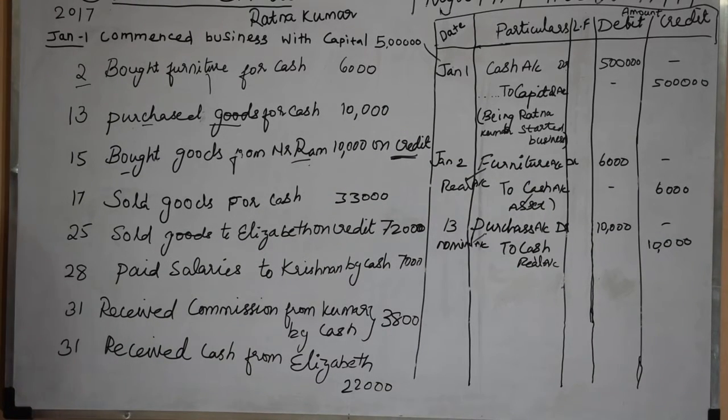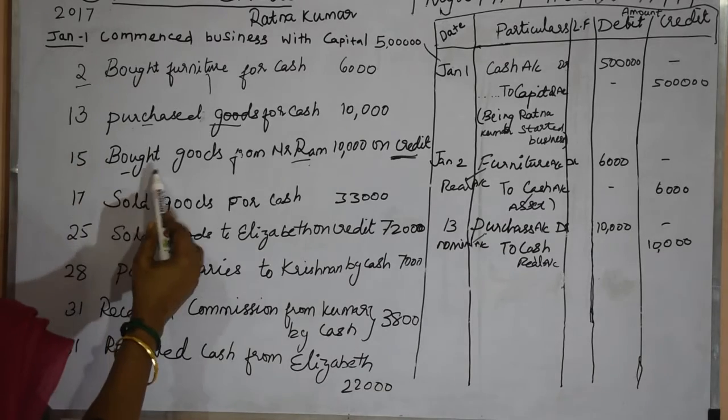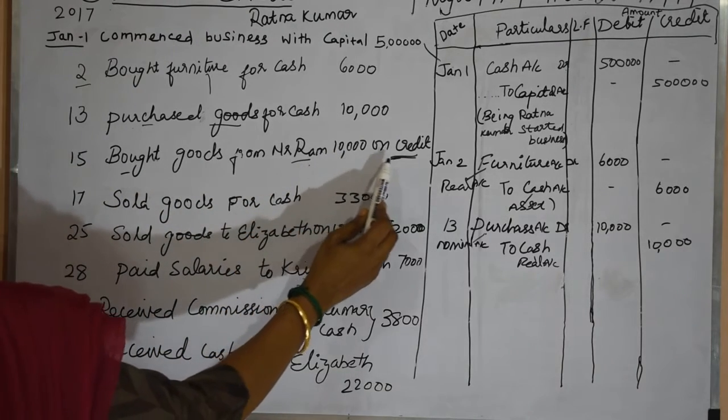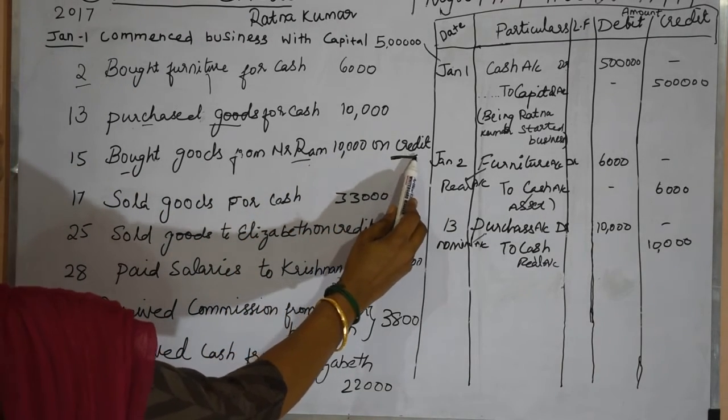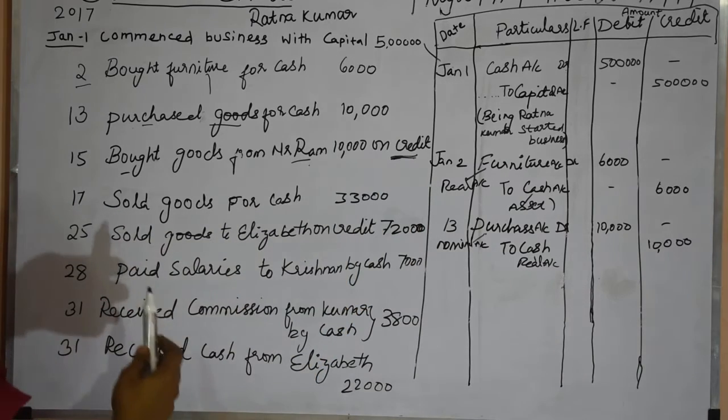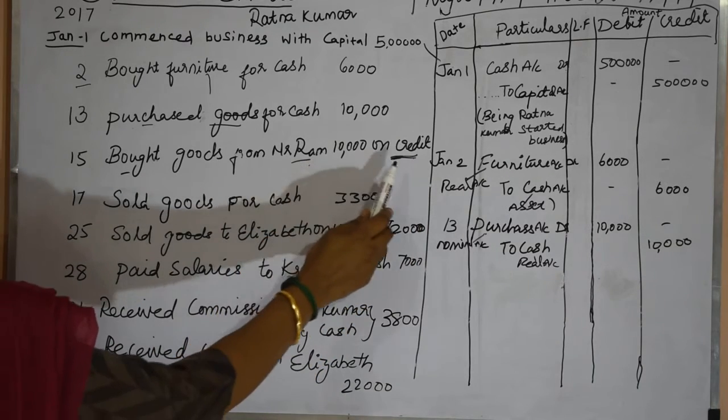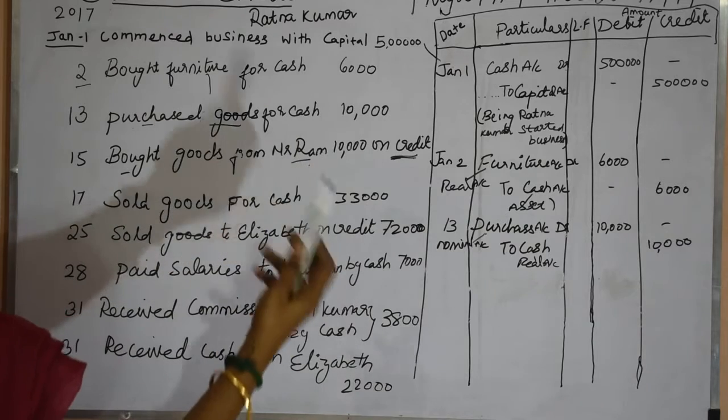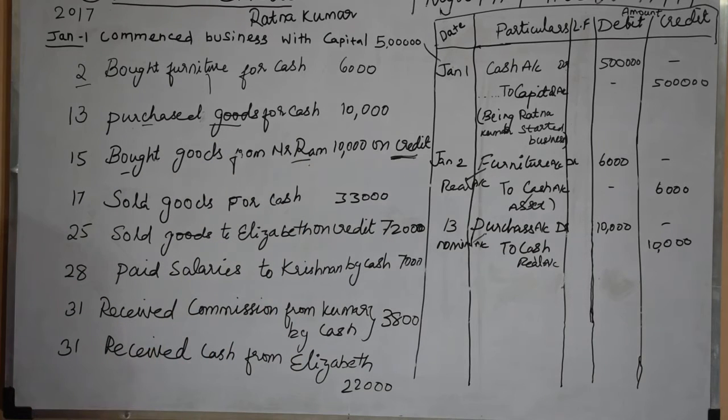Next thing is on Jan 15th, bought goods from Mr. Ram 10,000 on credit. Here credit is mentioned. Credit means we are purchasing from Ram on credit, that is we will be paying on the 15th of next month or 30th of next month. So credit means we are not paying any cash and getting the goods.